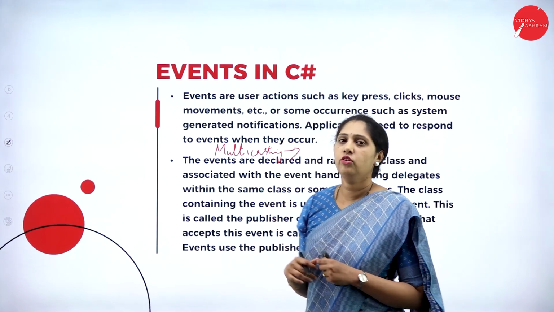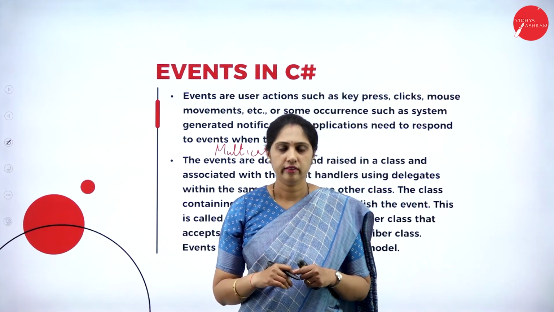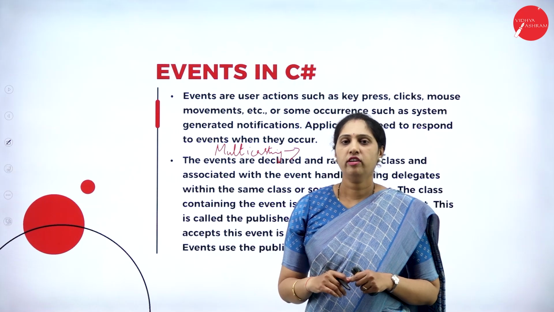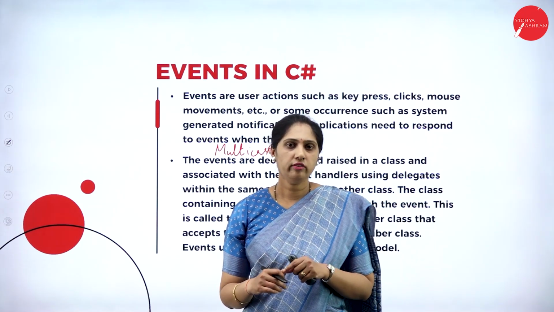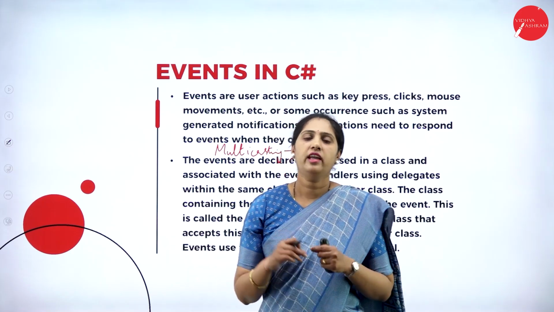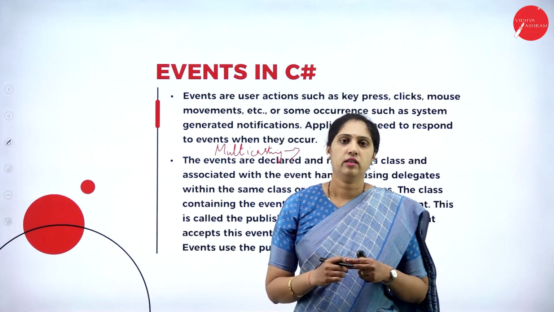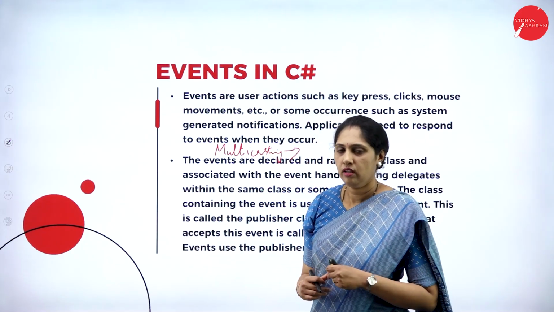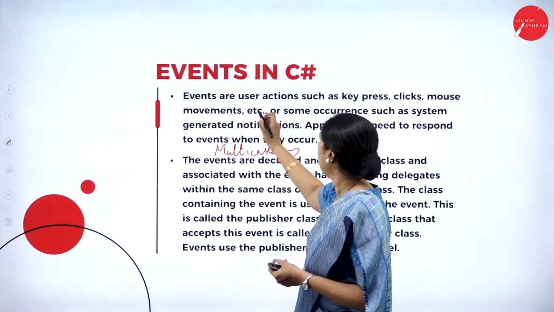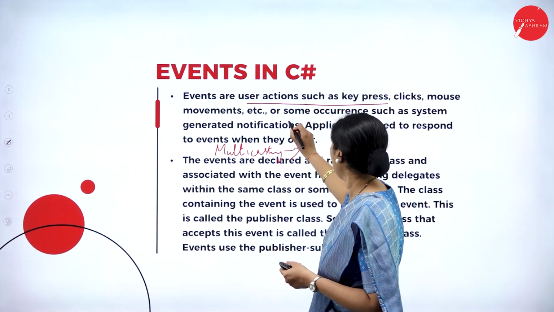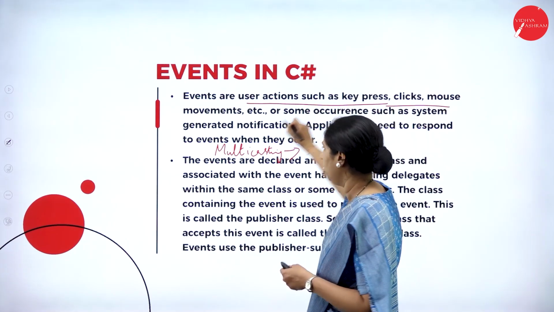So next we'll go to events. What is an event? See, when I click the mouse, what happens? An event is raised. What event? Click. When I press any key, that is also an event. That event is called key press. So what is an event in C#? The definition is the same. Events are user actions such as key press, click, mouse.